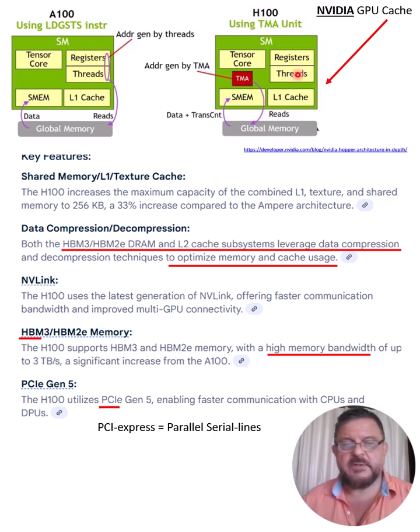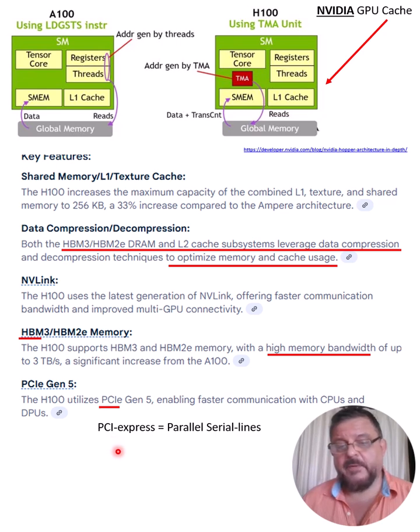Then you can see how they combine here the L1 cache with tensor core and essentially high-speed memory management of this whole overall architecture that they speak of here, and high bandwidth memory, using PCI Express, which I talk about in my lower level courses.